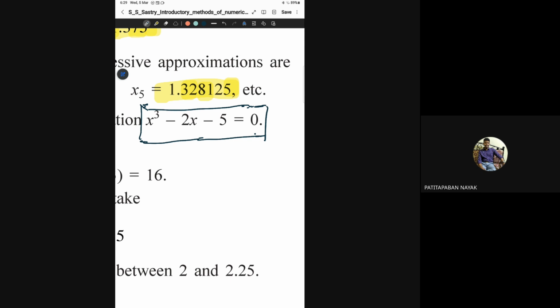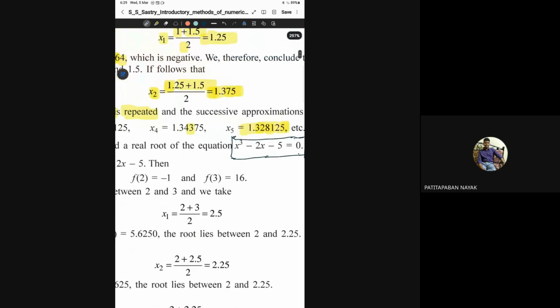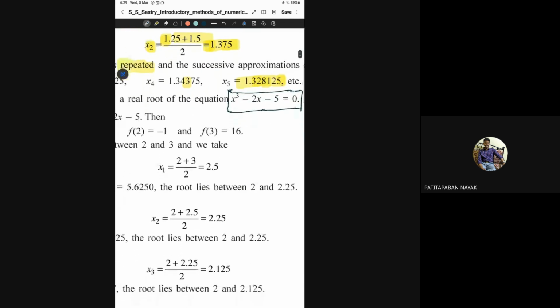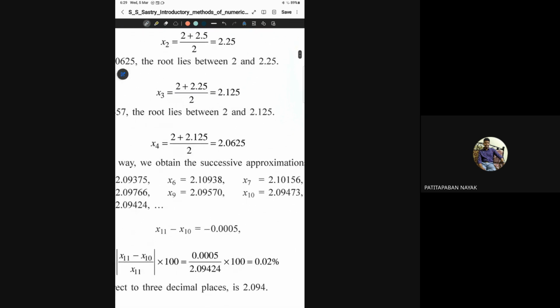Anyone getting an answer? Sir, I'm getting 2.046. Let's see. So next one would be 2.0625.